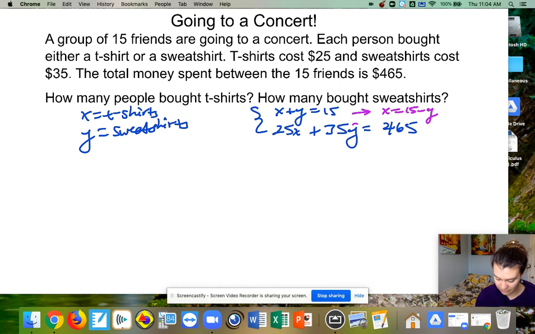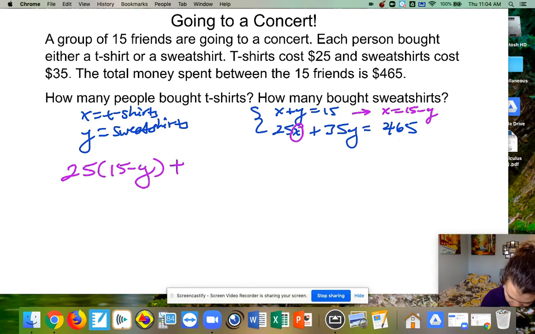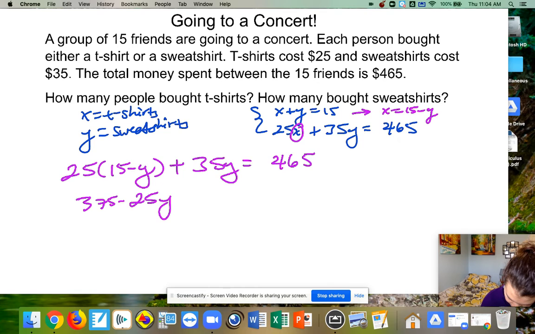And I'm going to plug that in for x right here. So 25 times 15 minus y plus 35y equals 465. Multiply 25 by 15 to get 375 minus 25y plus 35y equals 465.